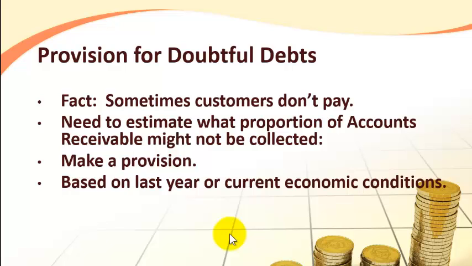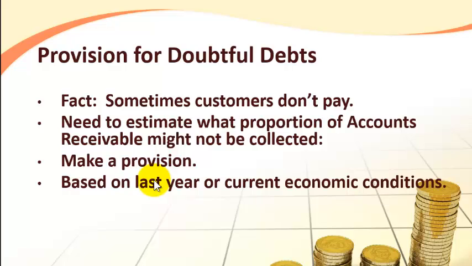In any instance, we must estimate what proportion of accounts receivable might not be collected. That's usually based on past experience and also expectations from an economic perspective. So if things are going badly in the economy, we might expect our level of bad debts, based on past experience, to go up. Therefore, we have to make a provision.